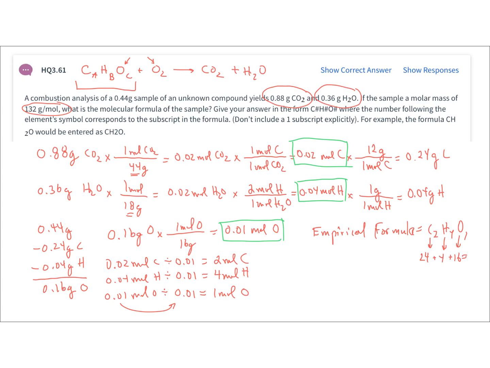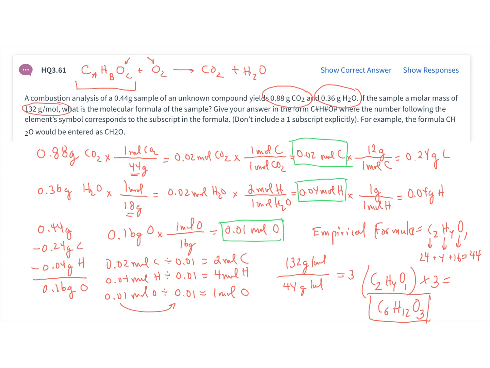So my empirical weight, by adding these three together, is 44. My molecular weight is 132 grams per mole, and my empirical weight is 44 grams per mole. That goes in there 3 times, so I need to multiply the empirical formula by 3 to find the molecular formula of C6H12O3.